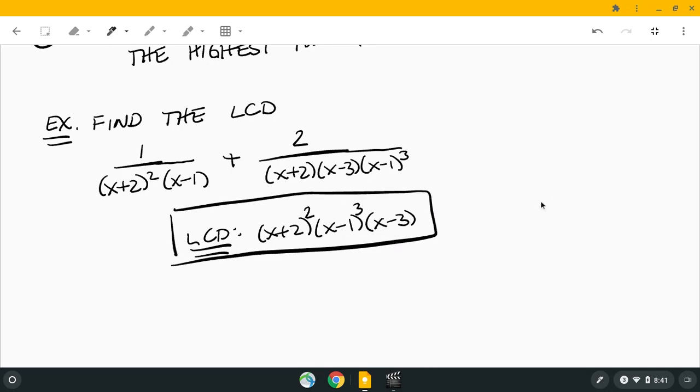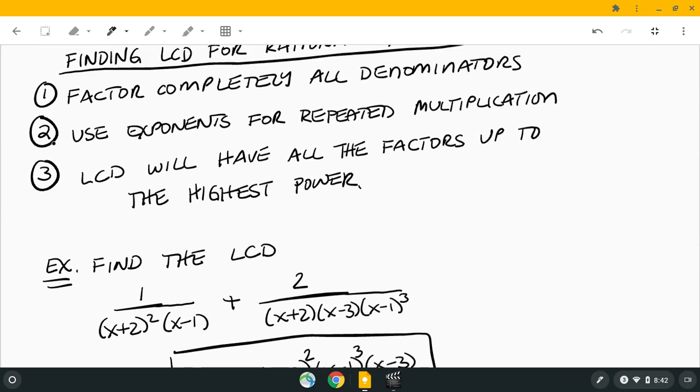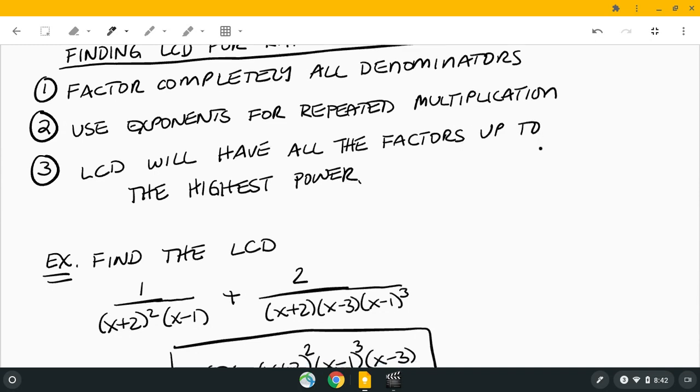Okay? Again, let me stress that you first list all of the families that are in the denominator. And you don't have to list it twice because it shows up here and here. Just list it once. Okay? If you don't see any exponents, you shouldn't see any exponents in your LCD. Okay? But that's why here, this step, when you factor, step 2, use exponents for repeated multiplication.